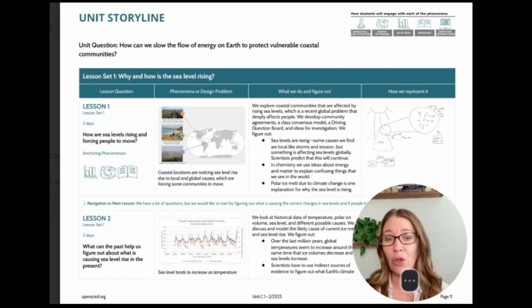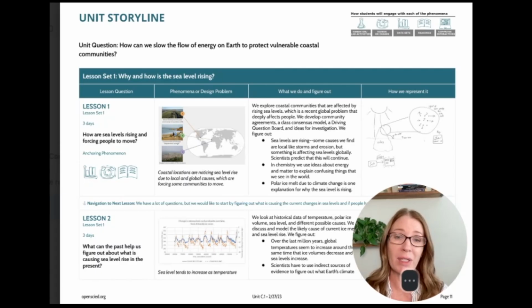And we need to use the chemistry ideas to explain what's happening here. So it's going to feel a little bit like earth science in the beginning, but realize that the chemistry is necessary to be able to explain what's happening. This is really an introduction to how we integrate the two domains together. So trust the process, stick with it.